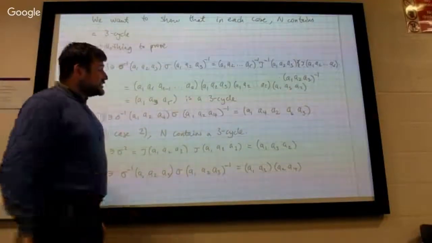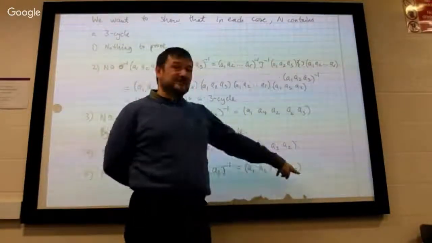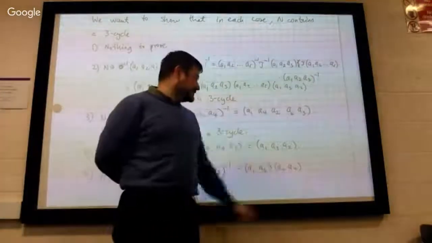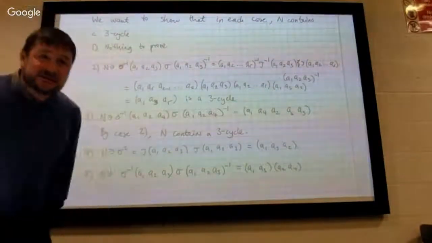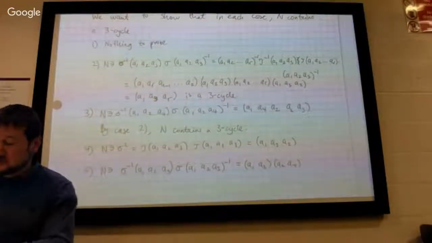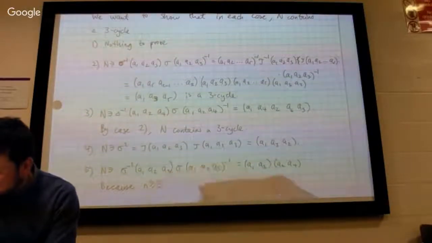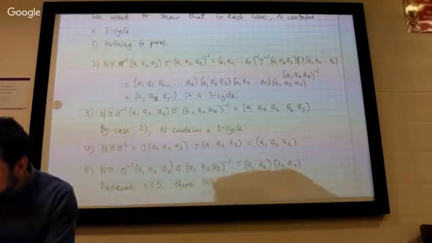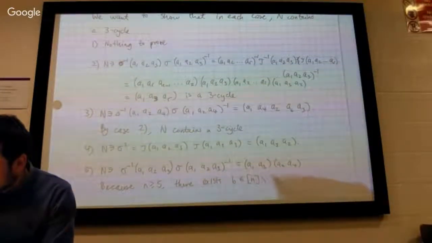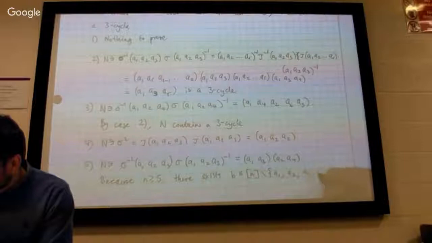So there exists a number from 1 to n which is different from all of these, because we've got 4 numbers there, A1, A2, A3, A4, and n is at least 5, so there must be something there that's not any of these. So there exists some b, a number between 1 and n, which is none of a1, a2, a3, and so on.